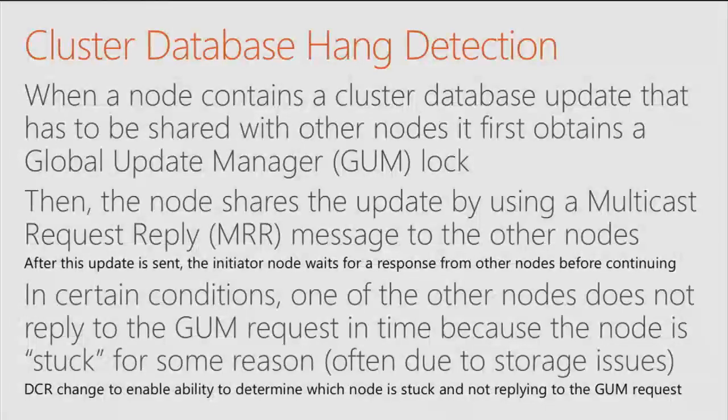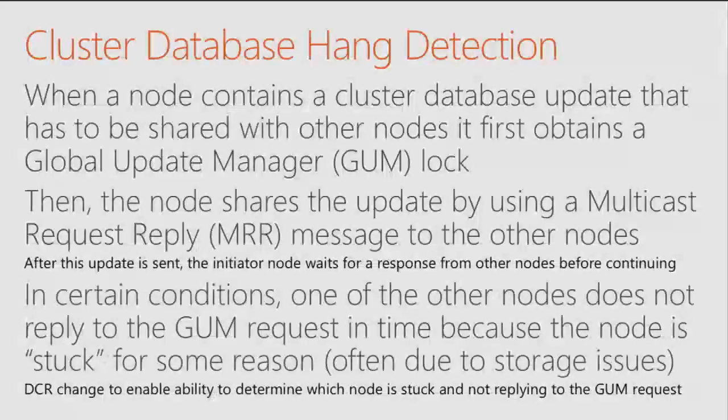So during normal operations, when clusters need to do things, they talk to each other. And one of the tasks that they do is they maintain a common view of cluster state and cluster resources inside this cluster database, also sometimes known as the cluster registry. And this database is automatically replicated between all the members of the DAG so that they can all agree on a common view.